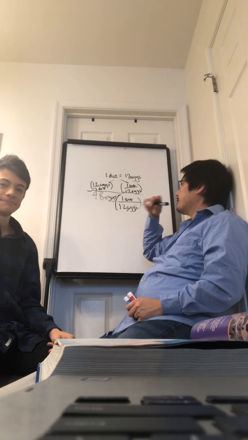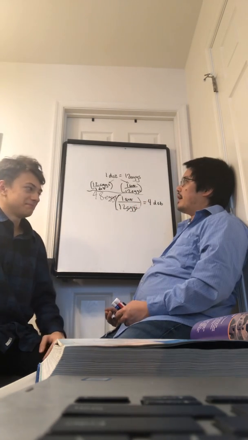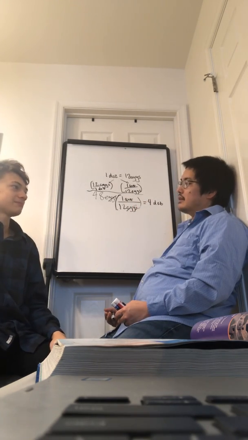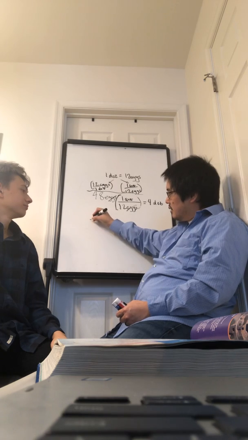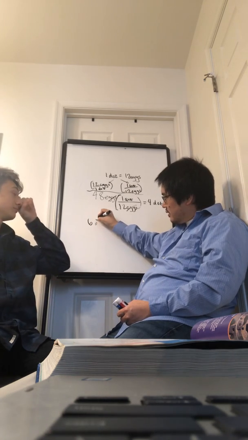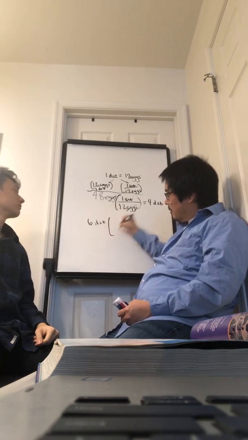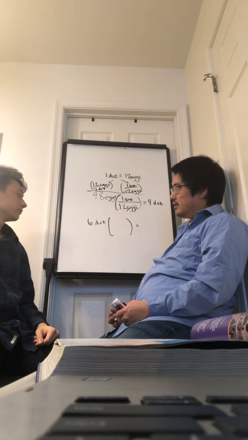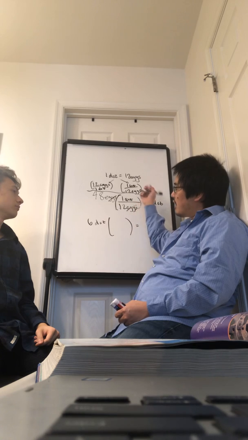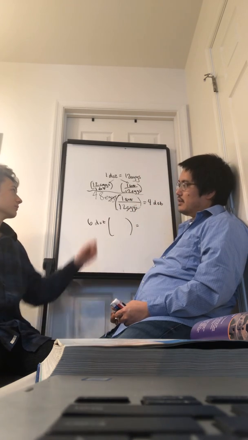Yes. Okay. What if I told you to go out and buy 6 dozen eggs? How many eggs would you actually bring home? Well, in this case, we start off with 6 dozen and we multiply by a fraction to convert it into something different, right? And which fraction would we multiply it by? This one.